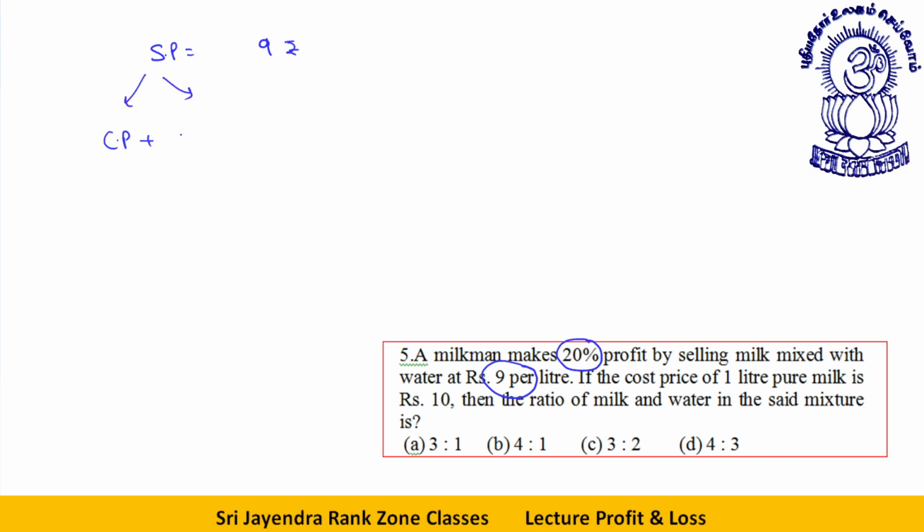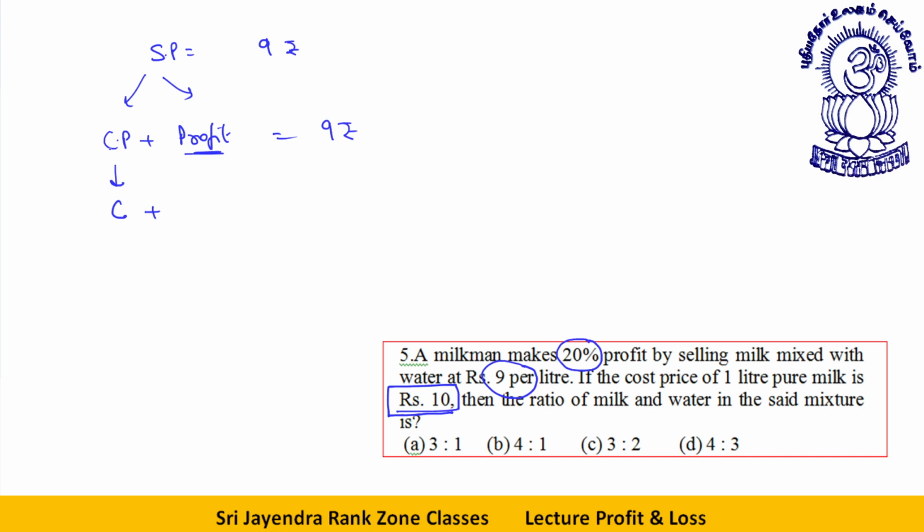Actually, CP plus profit. I have told you. Let's say the CP is C. Whatever the milk he is selling, the CP is C. I am not talking about this CP. This is actual CP. I am talking about the CP of the milk which is being sold in the mixture.